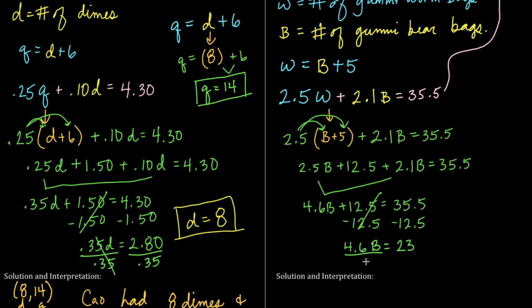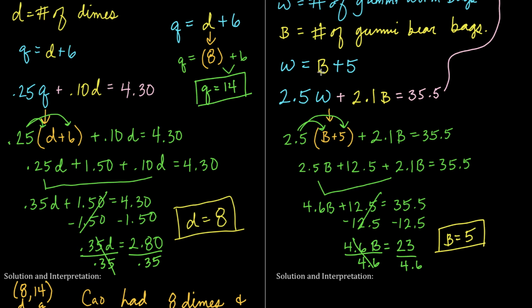And let's divide by 4.6. So 23 divided by 4.6 is 5. That's B. So the number of gummy bear bags is 5.